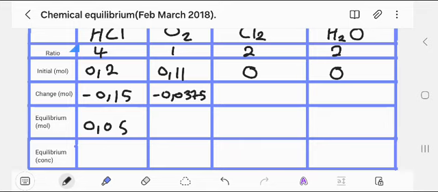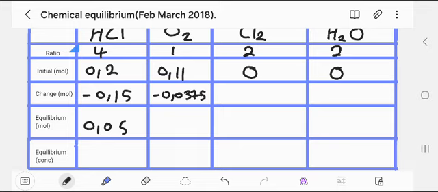Fine. So here we have the ratio 4:2, which is the same as 2:1.